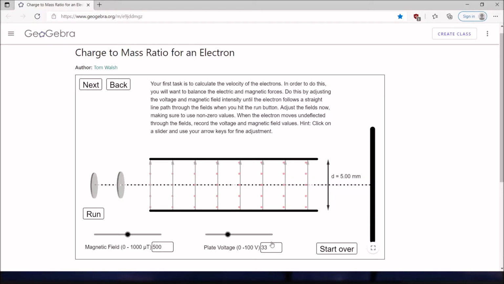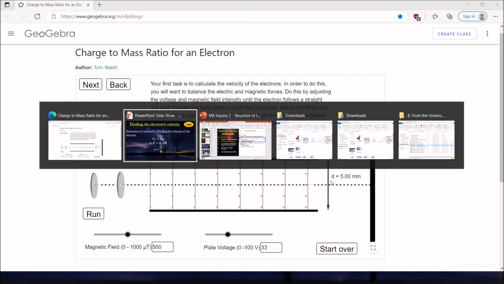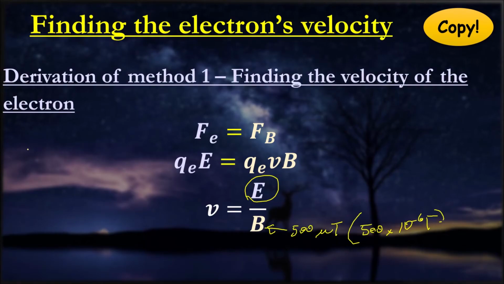So I know that the voltage here is 33. We know the distance is 5 millimeters. Remember, electric field strength is given as voltage over distance. So the voltage is 33. The distance is 5 millimeters, so it's 5 times 10 to the -3.